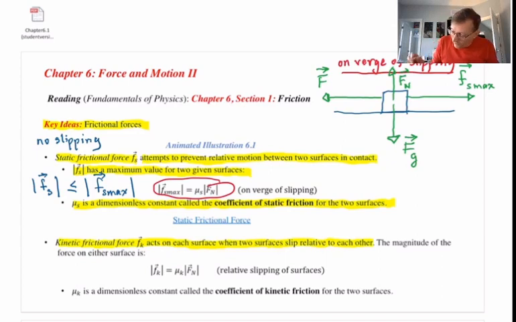And I'm going to tell you the formula for that magnitude of F kinetic, because there's just an empirical formula for it that we're going to use. And warning, it's rather similar to the formula for Fs max, but its own distinct formula. It says, the magnitude of the kinetic frictional force is equal to a dimensionless constant called the coefficient of kinetic friction, mu sub k, times the magnitude of the normal force.